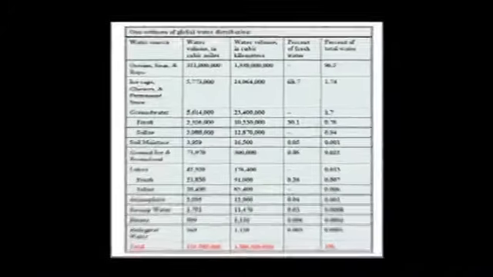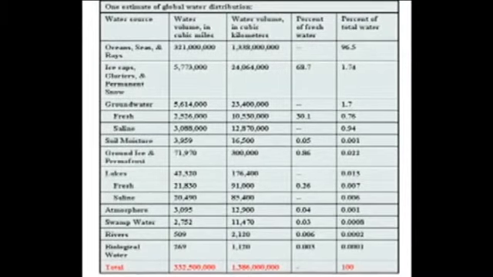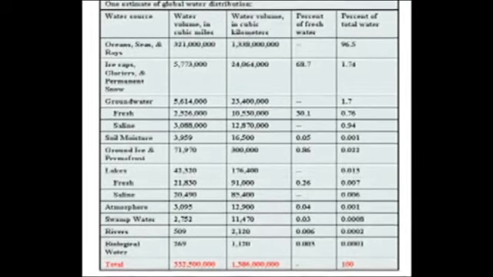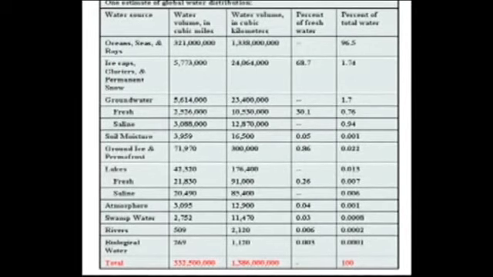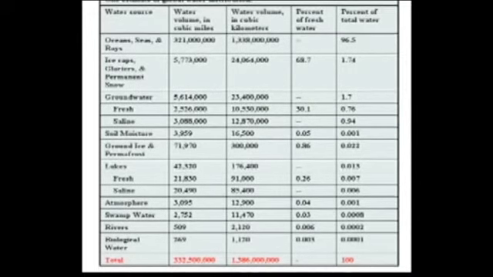One estimate of global water distribution says that oceans, seas and bays contain 96.5% of the total water, whereas ice caps, glaciers and permanent snow consist of 1.74%.